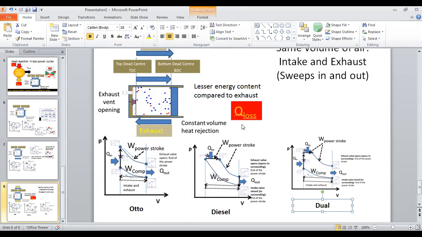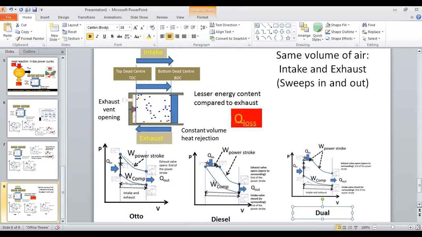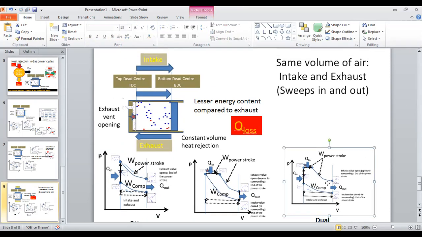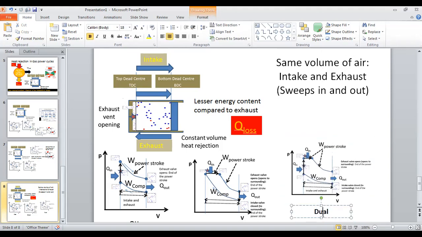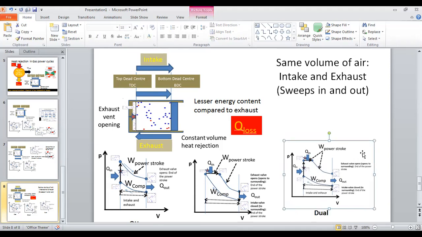So if you are asked to explain this constant volume heat rejection in Otto cycle, diesel cycle, and dual cycle, if you are asked to reason out, you can say that it's because of this piston cylinder arrangement.